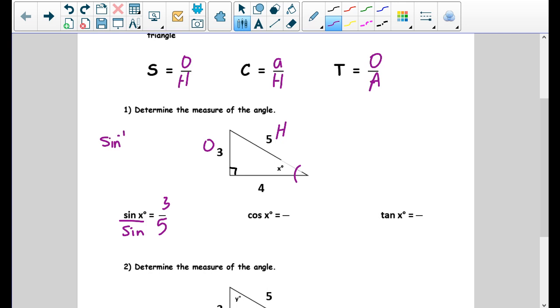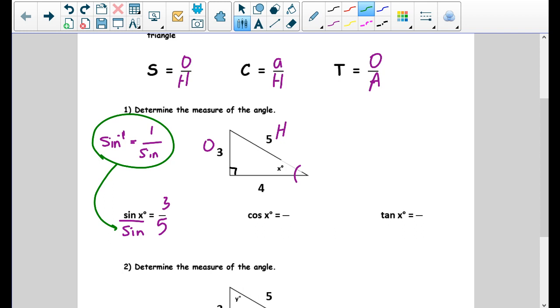Okay? So this -1 exponent really means it's 1 over sine. It's like we're dividing. Does everyone understand that? Ever see that? So right above the trig functions you see this sine -1. This sine -1 is what we're using here instead of division.